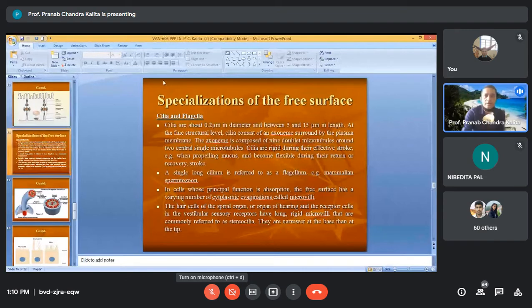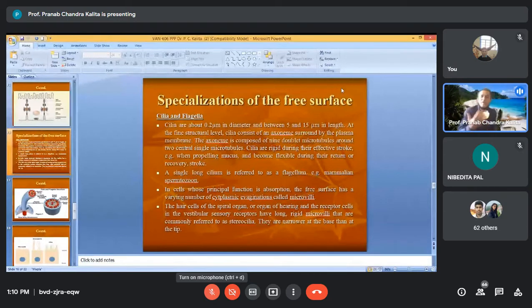In the cell, the top surface will be called the apical or the free surface. Then down here you will find the basal surface, and on either side there are two lateral surfaces. This is about the surfaces of the cell. Now we are going to talk about the free surface or the apical surface.